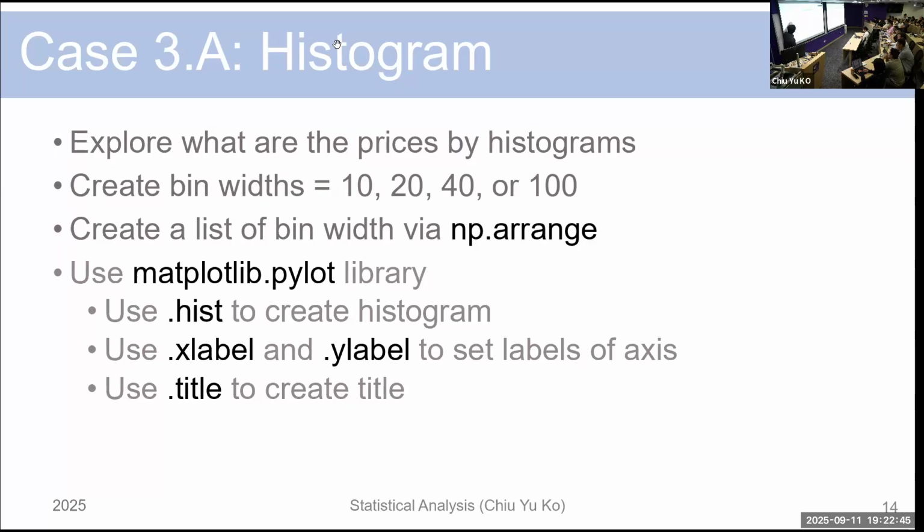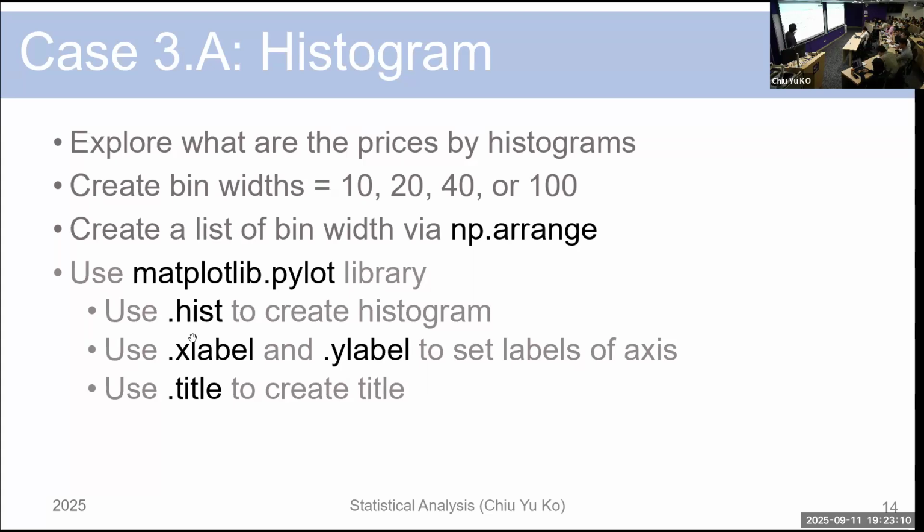This is from the NumPy package, which just creates some numbers. They call it the bins, the number of bins. And after that, we use plt.hist to create the histogram. And remember xlabel and ylabel to label and have a title. So that would be the thing.